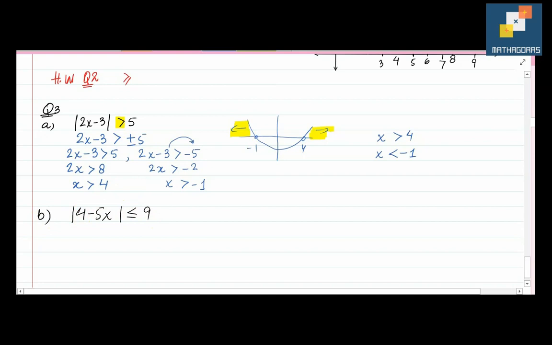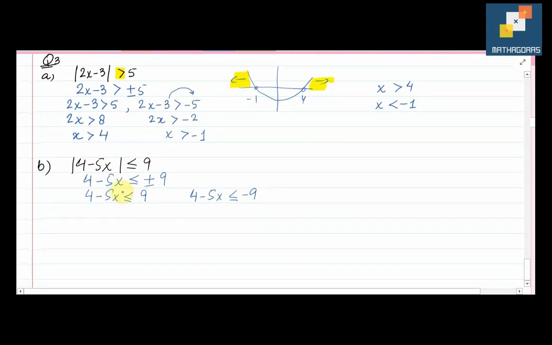First you need to write it with both the signs. So 4 minus 5x should be less than or equal to plus minus 9. That is, 4 minus 5x should be less than or equal to 9, and 4 minus 5x should be greater than or equal to minus 9, right?